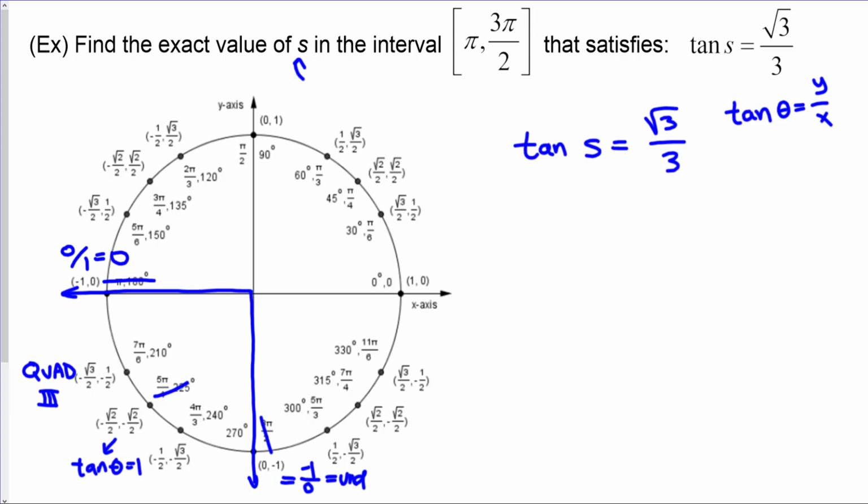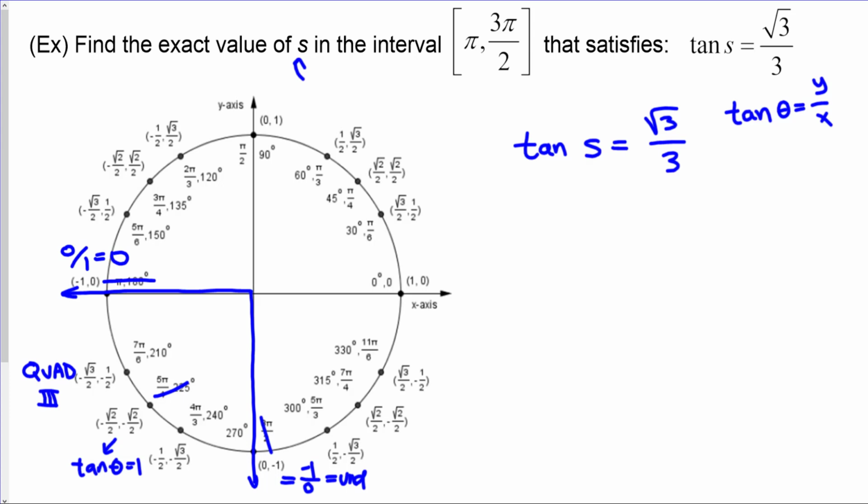So basically, we could either set up a right triangle at this point and determine which angle measure works, or if we didn't want to use a right triangle, we could just start dividing the coordinate pairs.